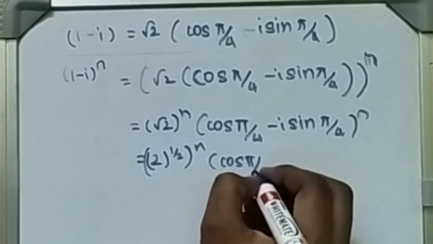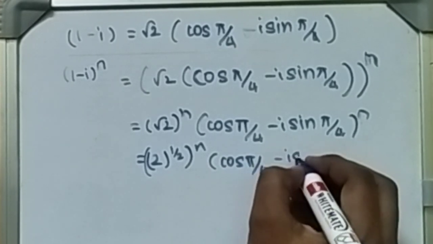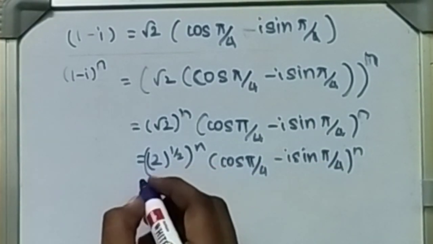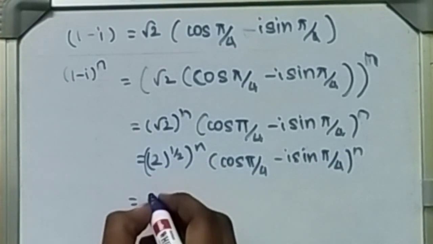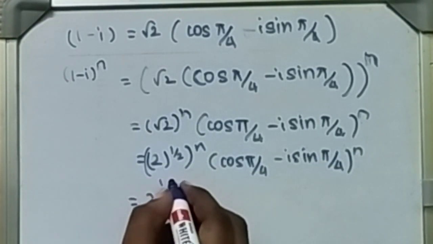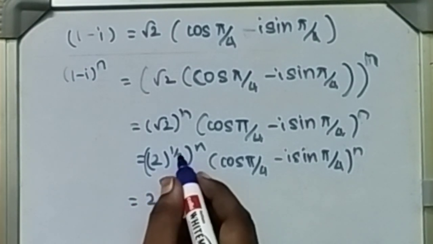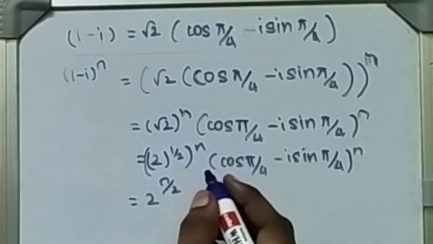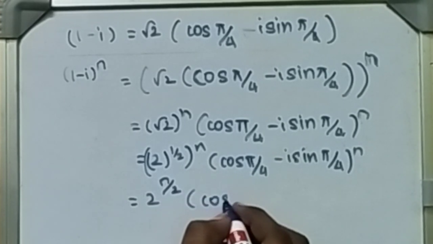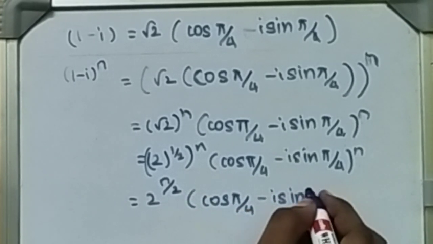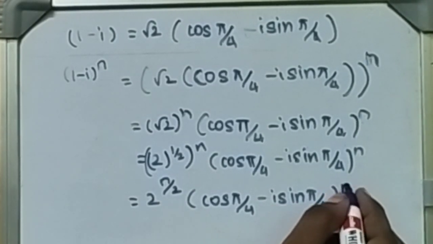I am keeping cos pi by 4 minus i sin pi by 4 power n as it is. Here it will become 2 power n by 2, as I am just multiplying 1 by 2 and n. So here it is cos pi by 4 minus i sin pi by 4 power n.